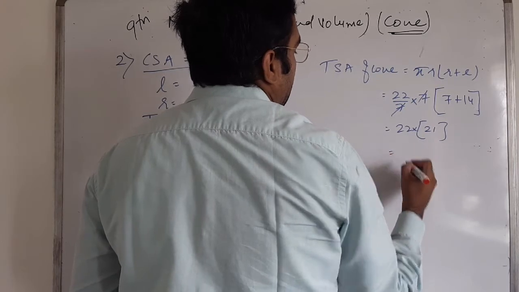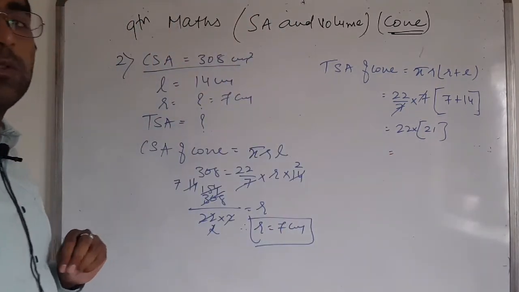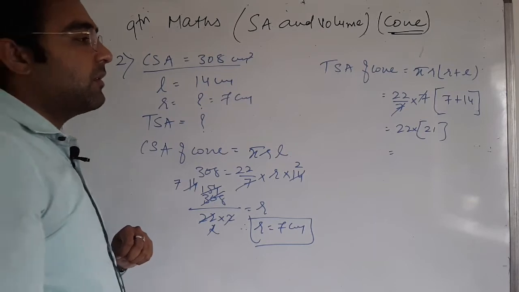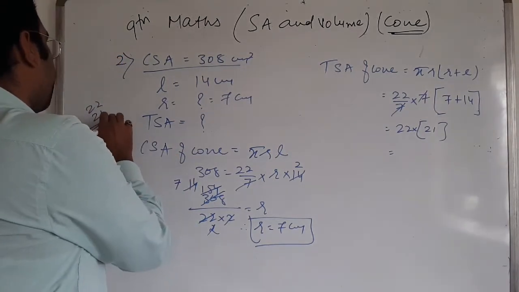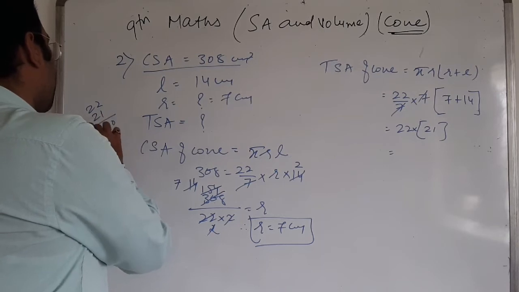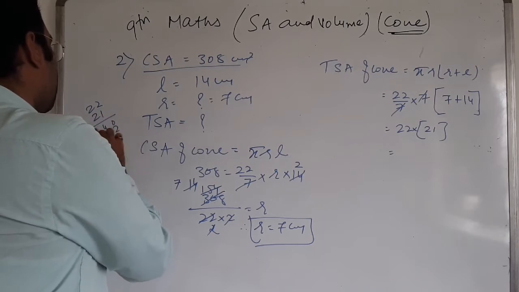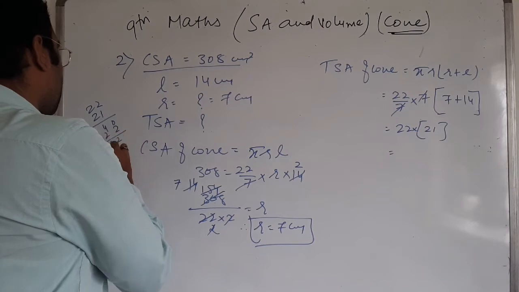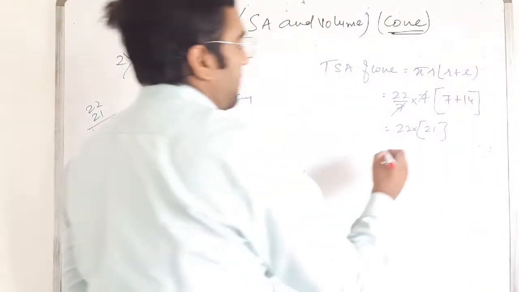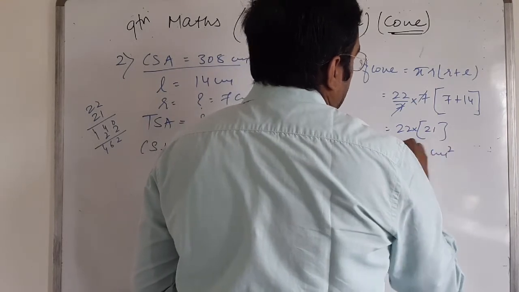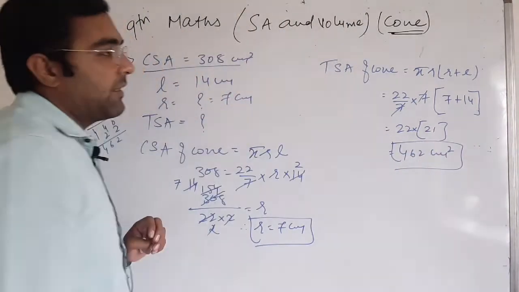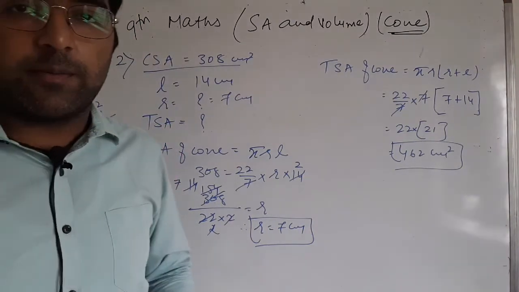Multiplying 22 into 21 gives 462. The total surface area of the cone is 462 centimeter square.